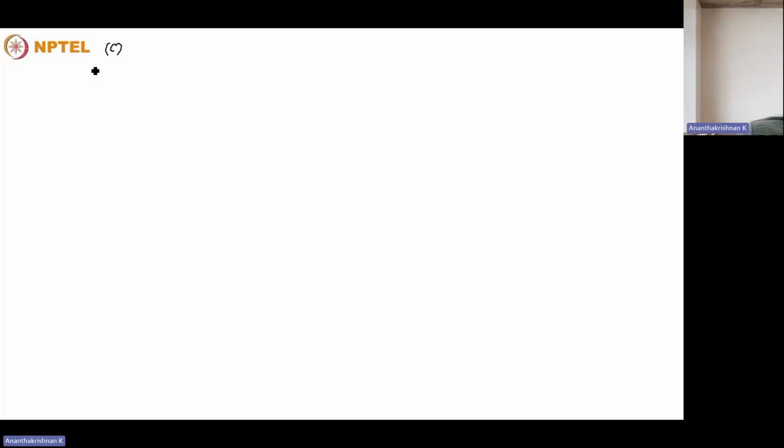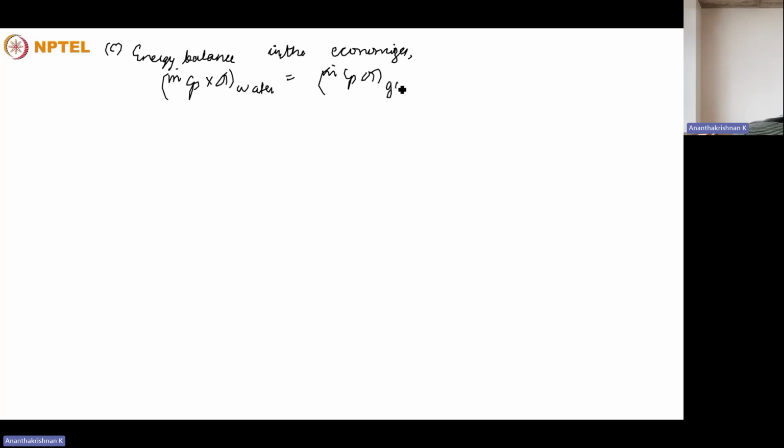So energy balance in the economizer will be equal to mass flow rate Cp delta T of water will be equal to mass flow rate Cp delta T of gas.